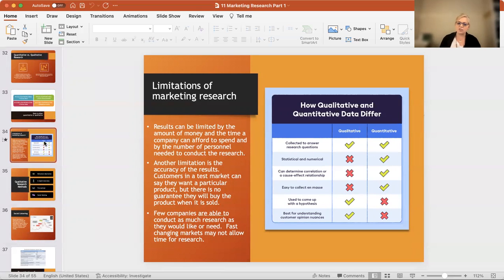What are some of the limitations of marketing research? Well, the results can be limited by the amount of money. The more you have to spend, the more you can uncover. Another limitation is the accuracy of the results, right? Customers can be fickle. They can say things they don't mean. It depends on their day, their feelings, and all sorts of things go into it.